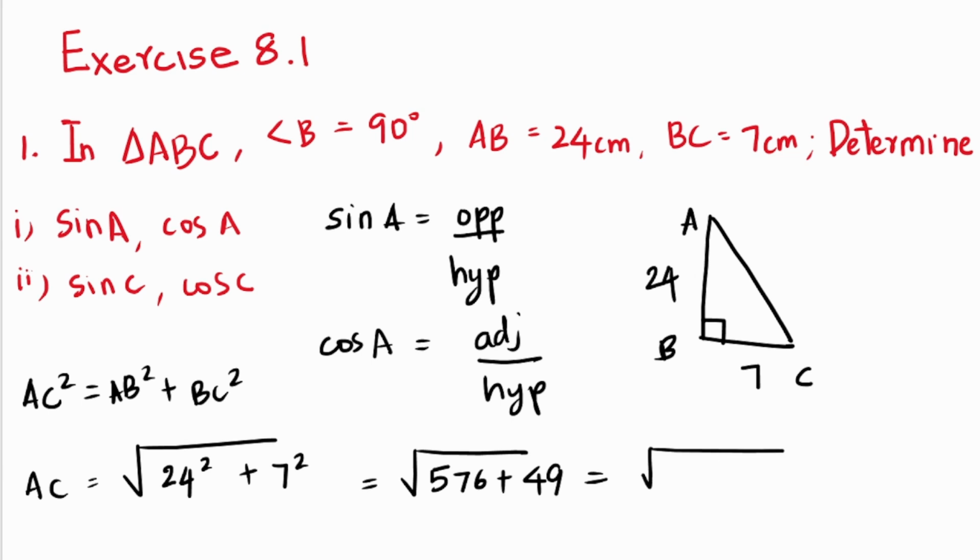So when you add, you will get 625, and root of 625 is 25. Okay, you have got the hypotenuse as 25. So you have to find sine A and cos A. Sine A, right? We'll again draw the triangle.